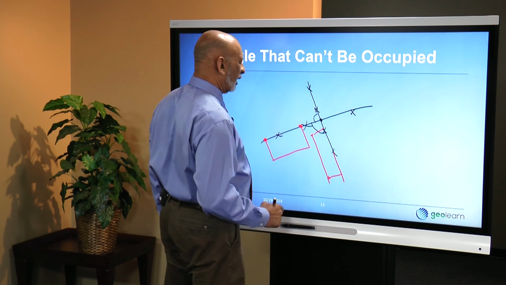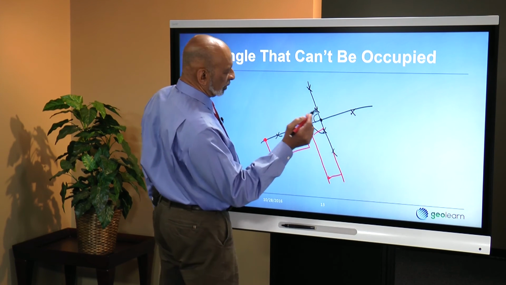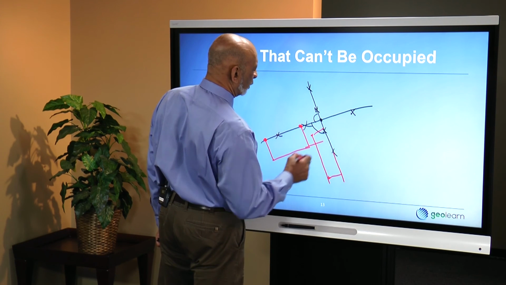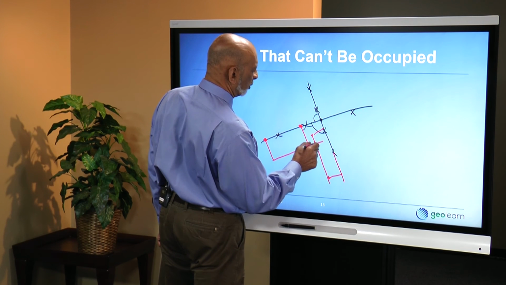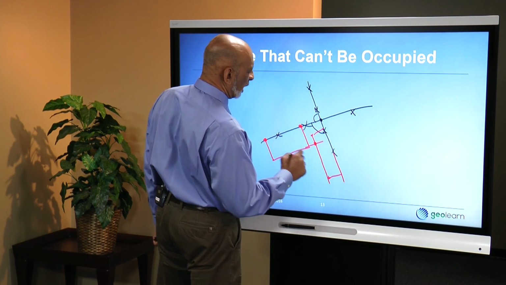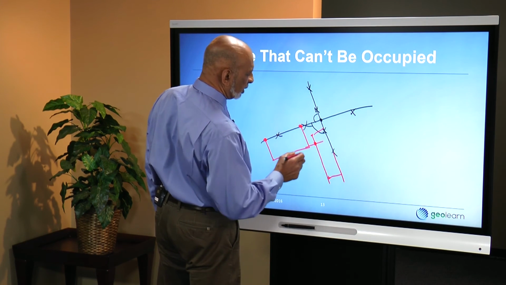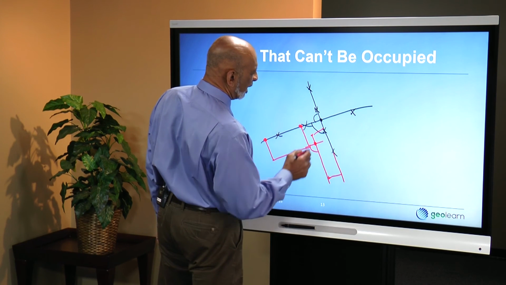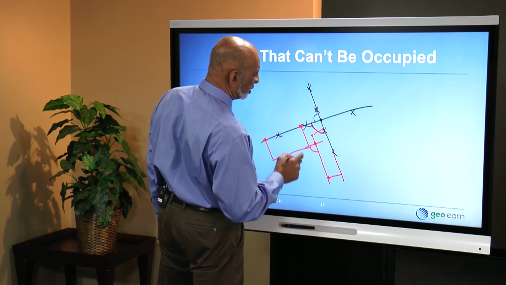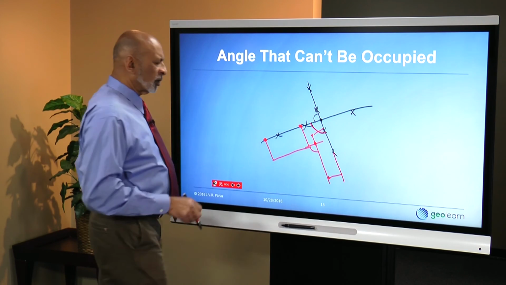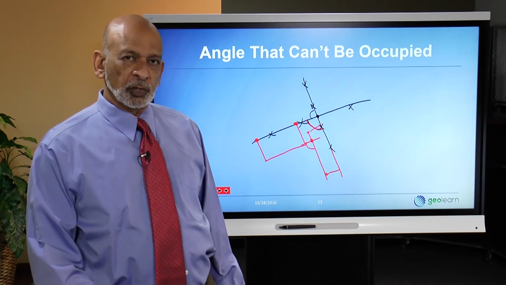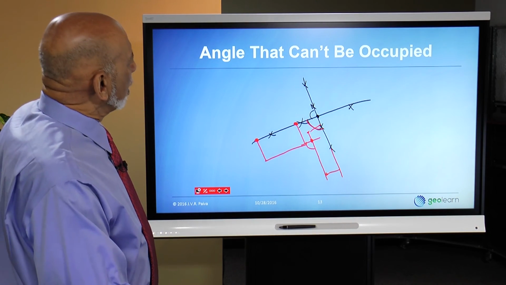And we have that line. So now, using the previous procedure we talked about, you could intersect these two lines, you could set up here, and because these two lines are parallel to the ones you're interested in, you can now measure that angle to figure out what that angle is, and once you know that angle, you can figure out all the other angles, assuming that these lines are straight.